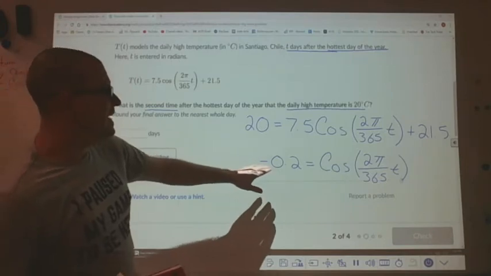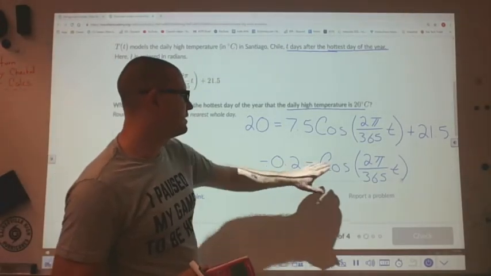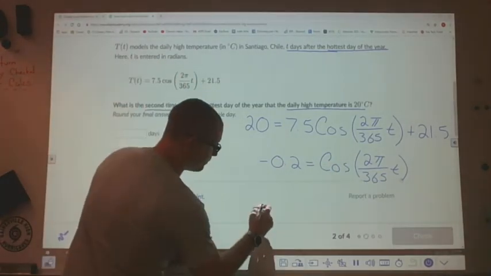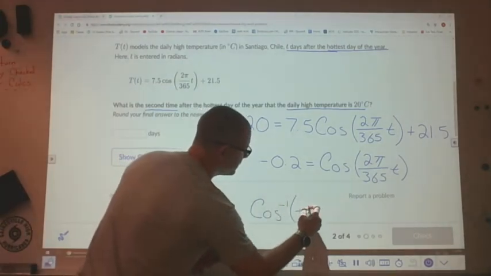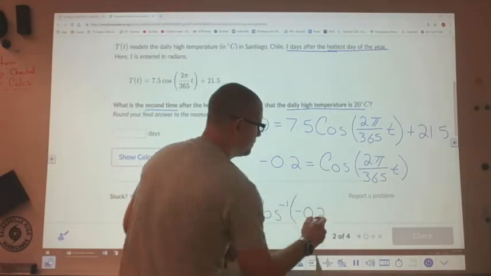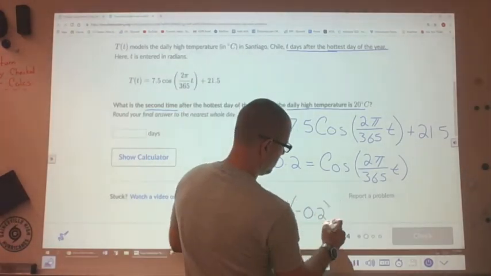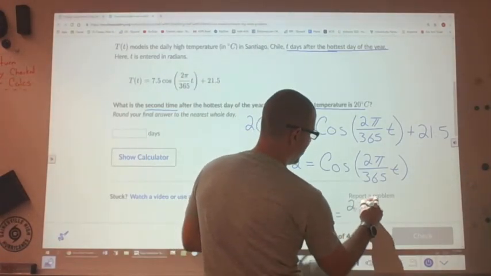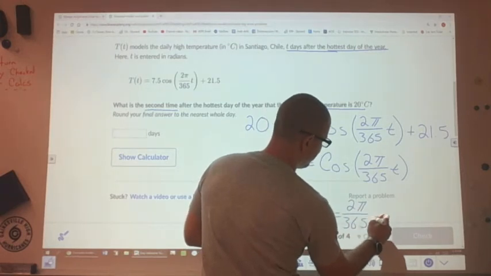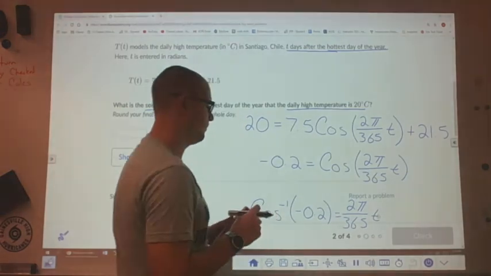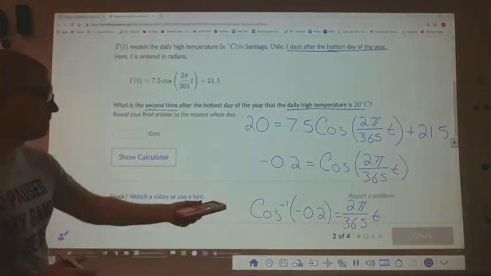And then we're going to take the inverse cosine of this. So we get the inverse cosine of negative 0.2 is equal to 2 pi over 365t.